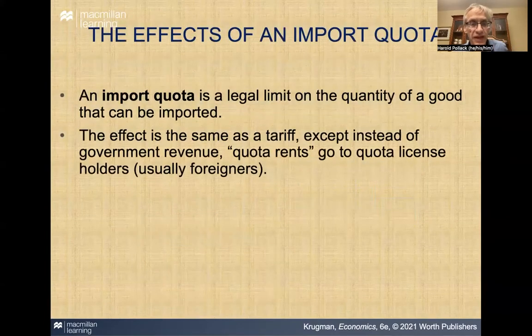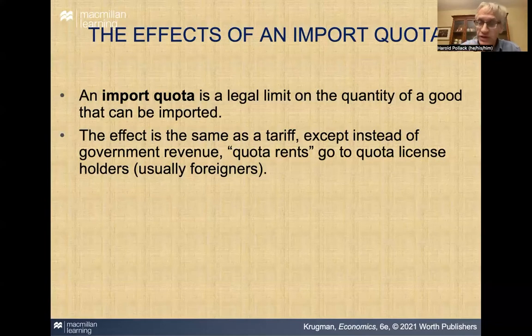Okay? Now, an import quota is kind of like the taxi medallion thing. Suppose that we don't put a tariff on, but we just limit the quantity of a good that can be imported. Okay? By the way, the interesting thing about this is that this may be the worst possible thing to do, because you end up at the same point as you would with a tariff, but instead of getting government revenue, it turns out that surplus is actually going to go to foreign producers usually.